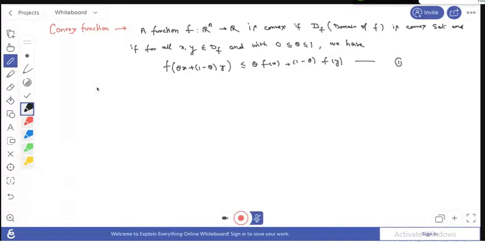Okay. So a function f is strictly convex if this strict inequality holds in equation number 1.